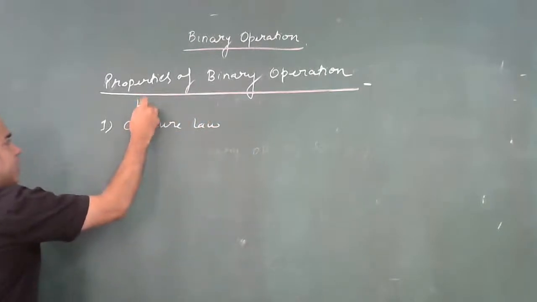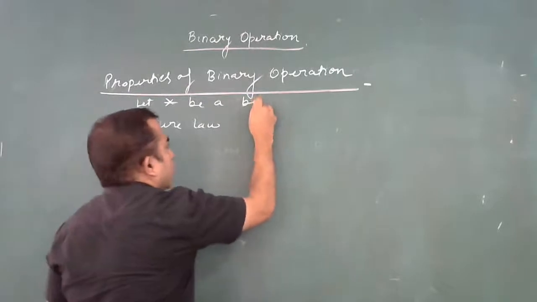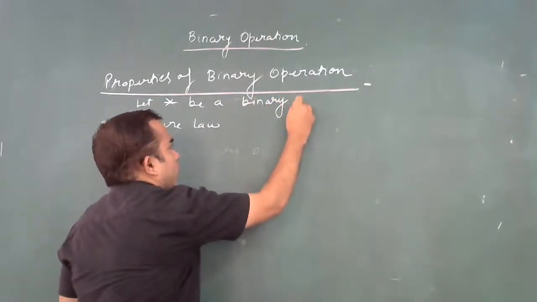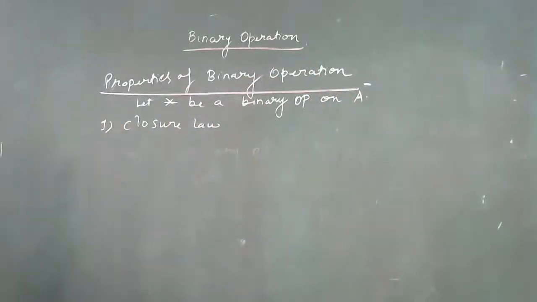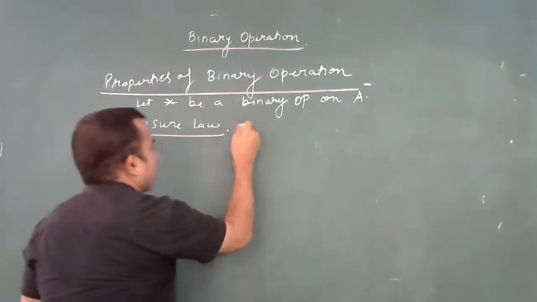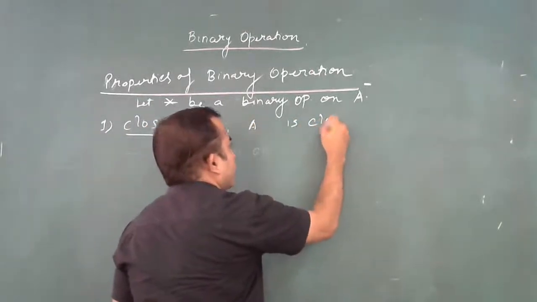Of course, let star be a binary operation on any set A. Then closure law: that A is closed with respect to star.